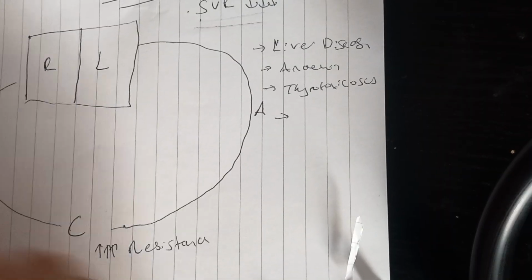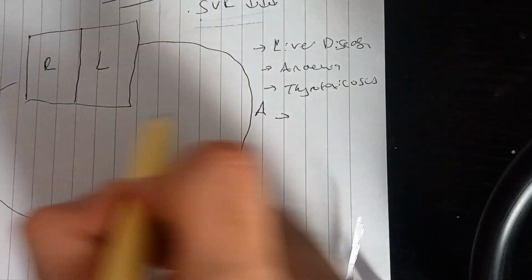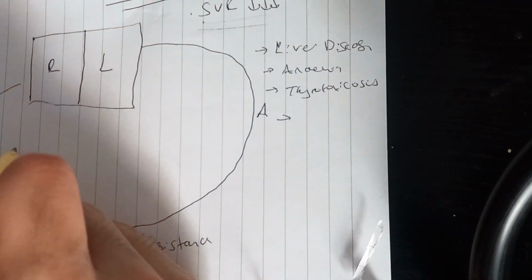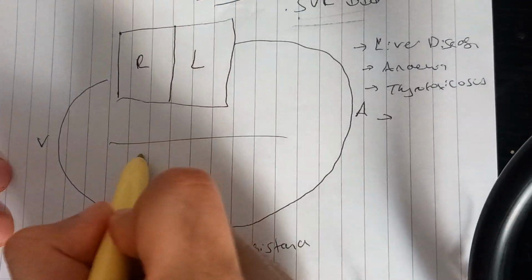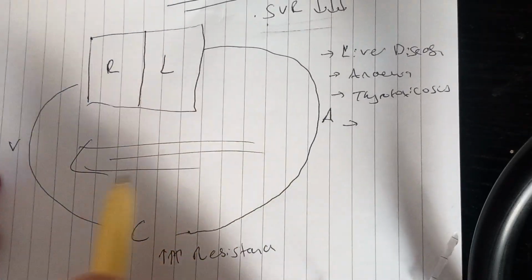Now, what condition or state can cause blood to bypass this capillary bed, from the arterial system straight to the venous system over here? Well, if there's some sort of a shunt or a fistula.